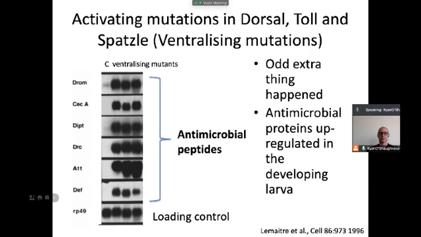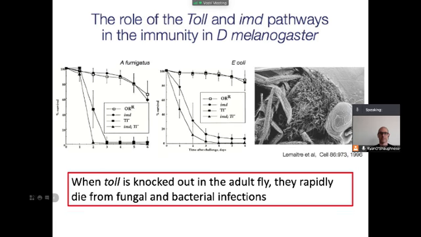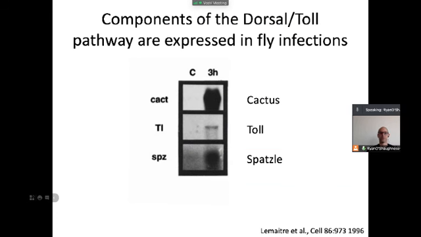And this is definitely a northern blot, so RNA. And here is another northern blot, and we can see here the expression of Cactus, toll and Spatzle message after 3 hours of infection with a fungus or a bacteria. So this same dorsal ventral patterning pathway is also activated in the presence of infection.